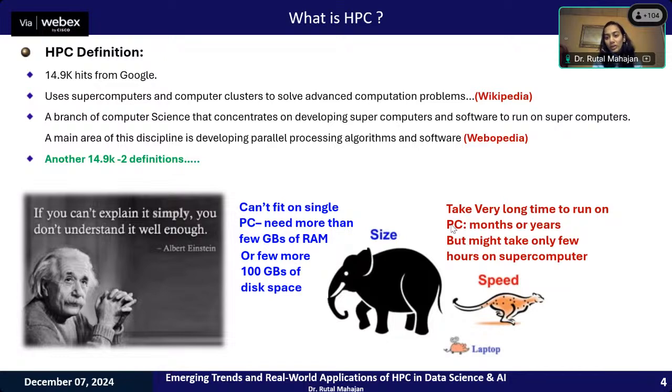It takes a very long time to run on that PC. For example, if I want to run certain applications on my laptop and get insights from that data on my own computer, it may take months or years, but it might take only a few hours on a supercomputer. That's all we can say in simple terms. It is a machine which can accommodate this kind of large data and process it in the quickest possible time. That is the simplest way to describe HPC.